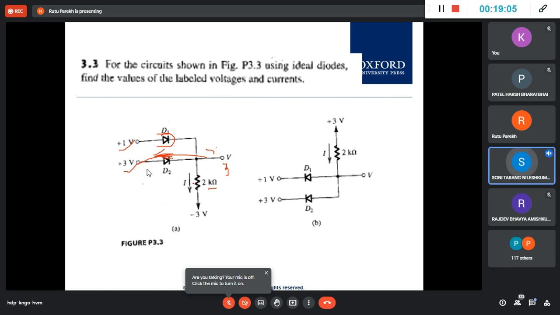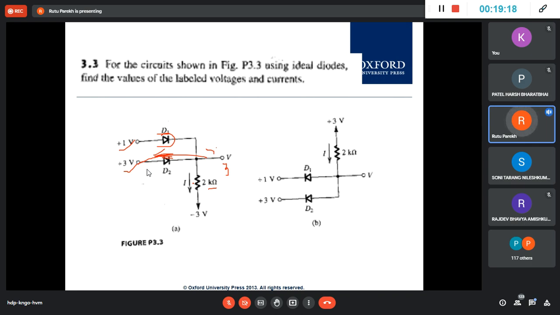Yes, ma'am. But if we are considering ideal diode, then the time to appear will be 0 seconds at both. You are right. In reality, nothing is ideal, but we take ideal, okay? Once it reaches 0 and this is +1, it will start conducting.